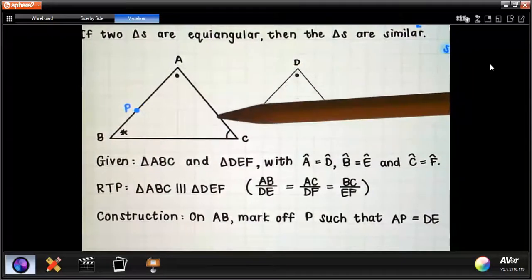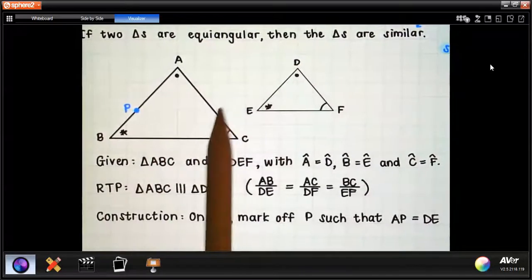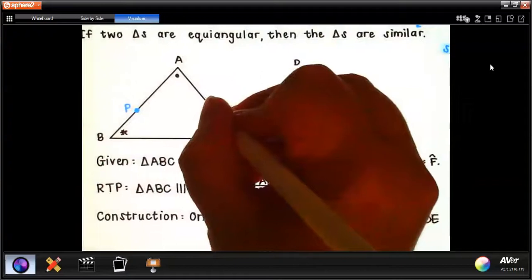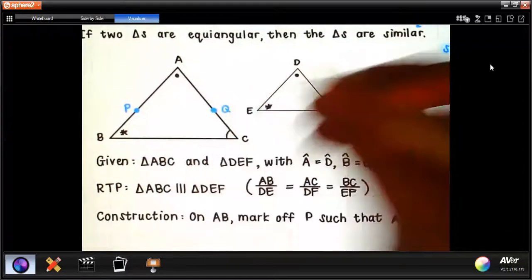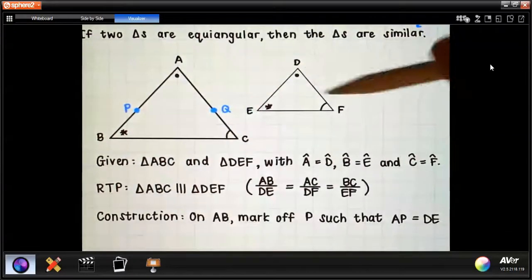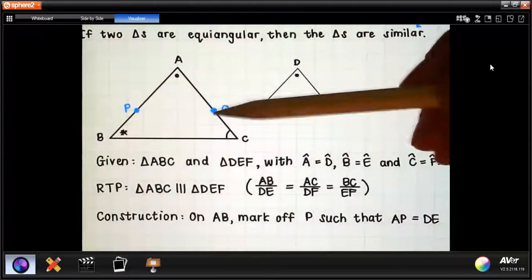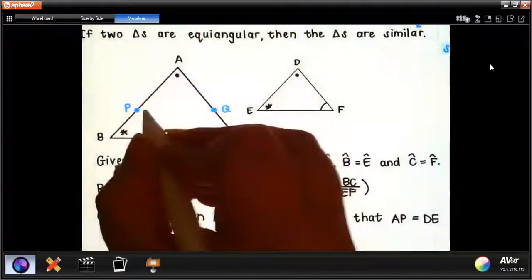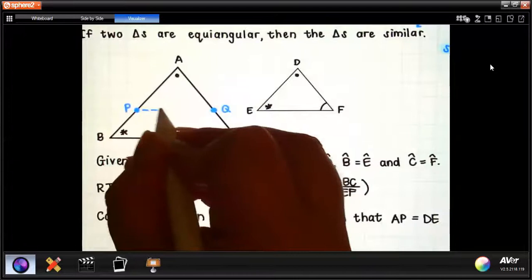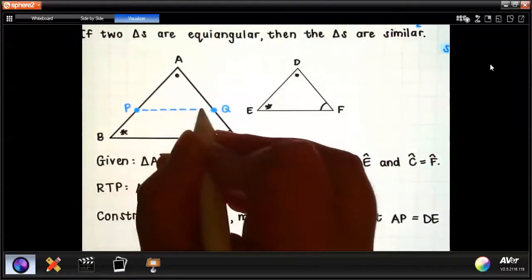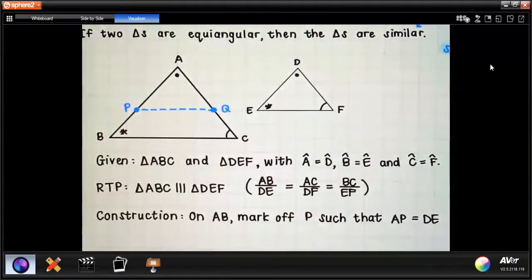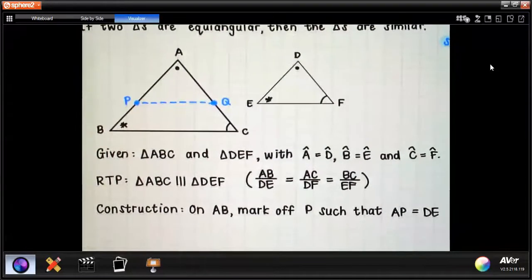So on AC, we're also going to construct a point here. We'll call it Q, so that this side, DF, is the same length as AQ. And then we are going to join points P and Q to each other. And that is a construction. I'm going to continue writing it down.